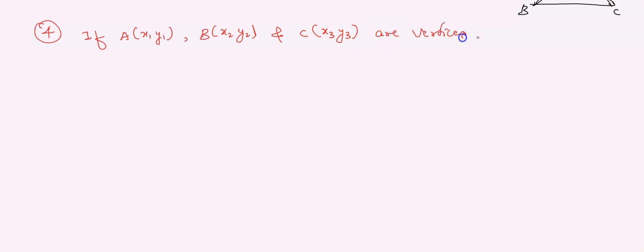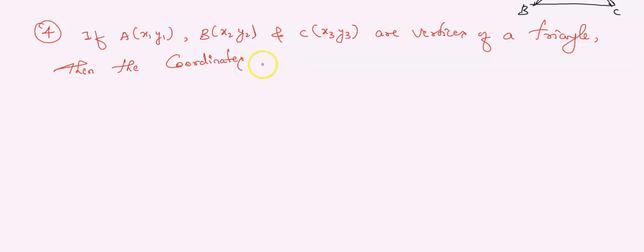Next, coming to the next very important formula which we use in this chapter. Let me take, if A of x1 comma y1, B of x2 y2 and C of x3 y3 are the vertices of a triangle, then the coordinates of the incenter are, if we want to find them, what is the formula you use?